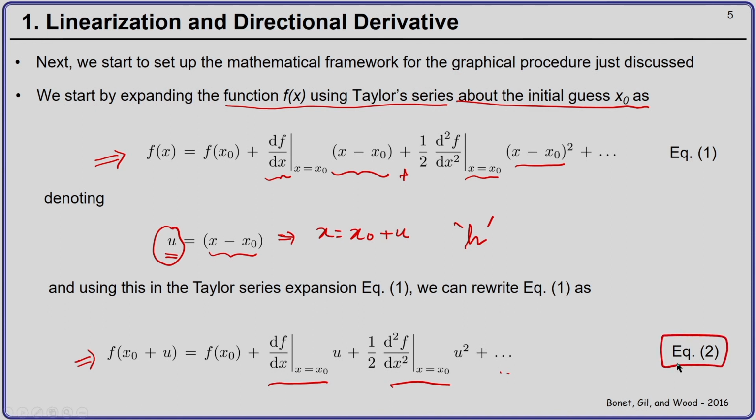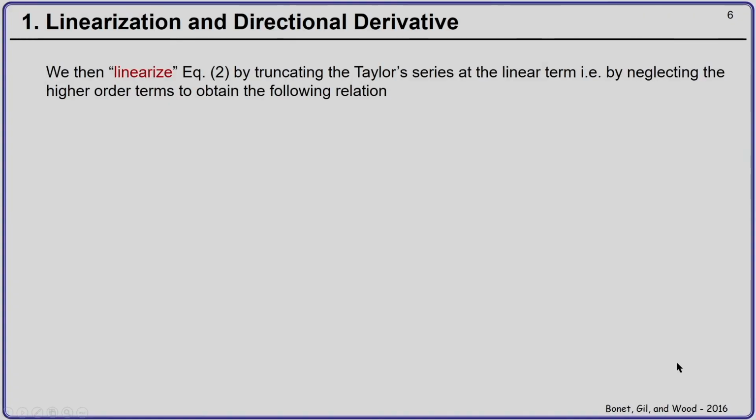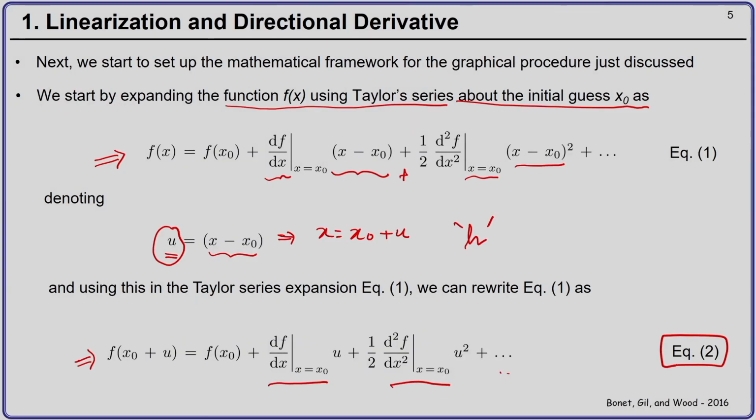Now, what we do is we linearize equation 2. How do we linearize equation 2? You would have seen that the first term on the right hand side is a fixed value. It is the value of the function at x 0.